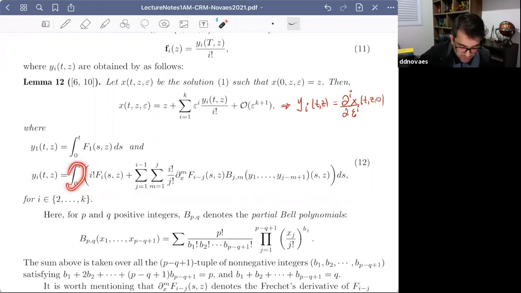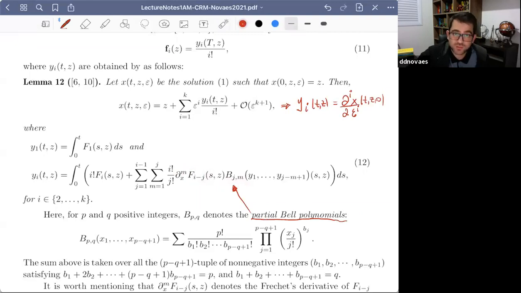So it's the integral between 0 and t of i factorial multiplied by fi plus a sum. I'm not going into the details of this expression, but it's a sum of the derivatives of f i minus j, m-th derivative of this function, multiplied by the Bell partial polynomials, which is a special polynomial that we have implemented, for instance, in Maple and Mathematica, of the previous y's.